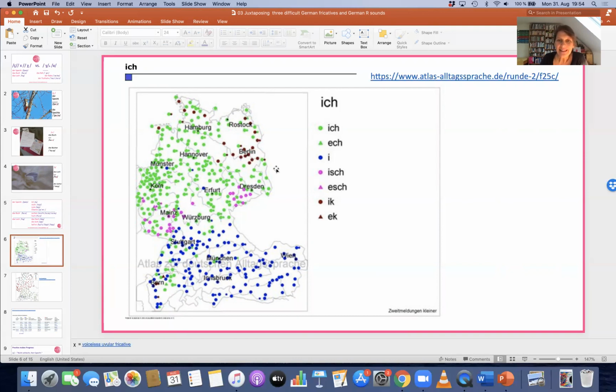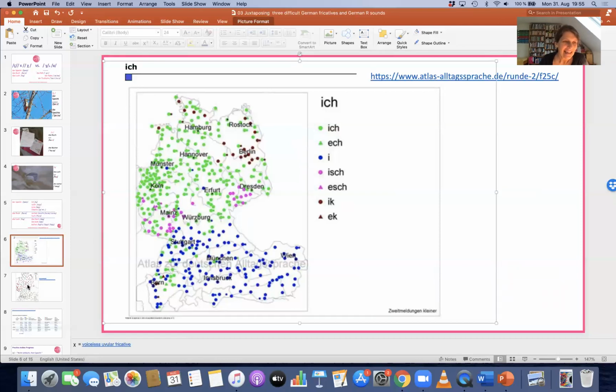Then some people say ech, some people say ik, ek, so whatever. But you see, those are different regions. Around Berlin, people say ik. And then in the south it's I. I can't speak that, but anyway, they say I.